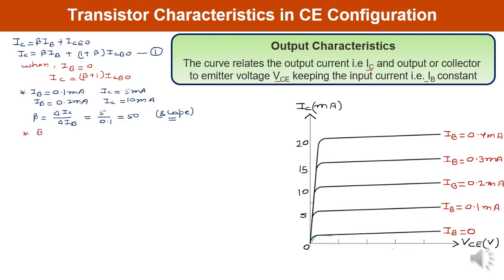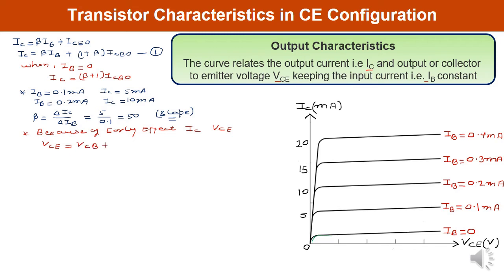Because of the early effect, as I have explained, IC depends upon VCE. So VCE is what?